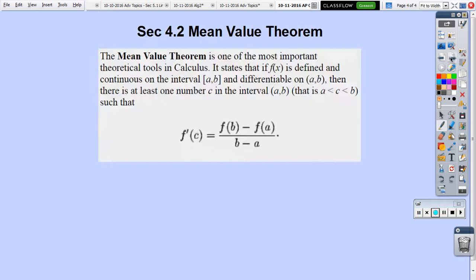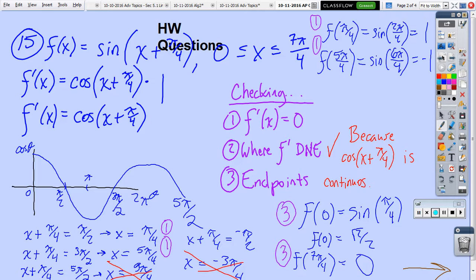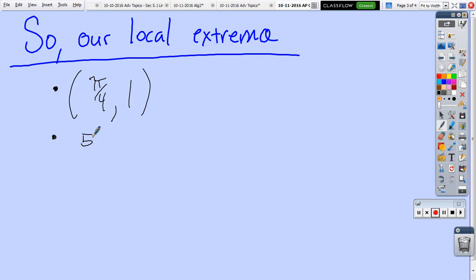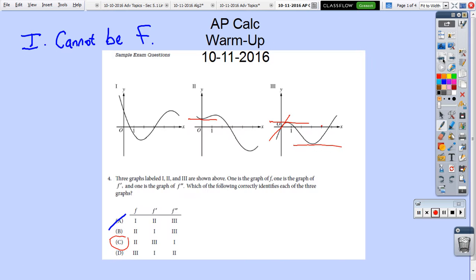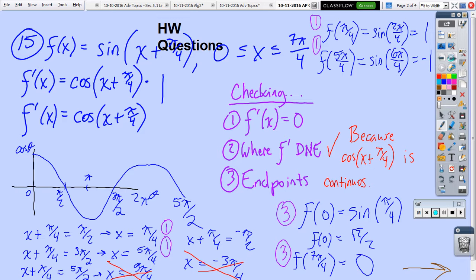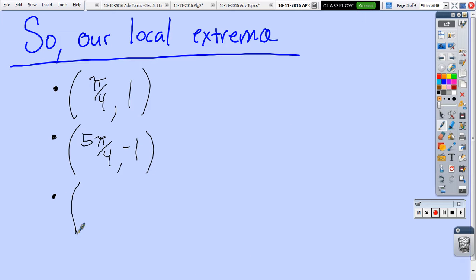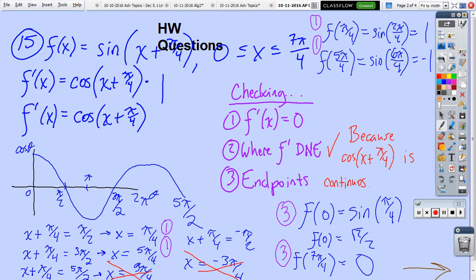We have 5 pi over 4, negative 1. And then we have the endpoints, 0, square root 2 over 2. And finally the last guy, we have 7 pi over 4, 0.